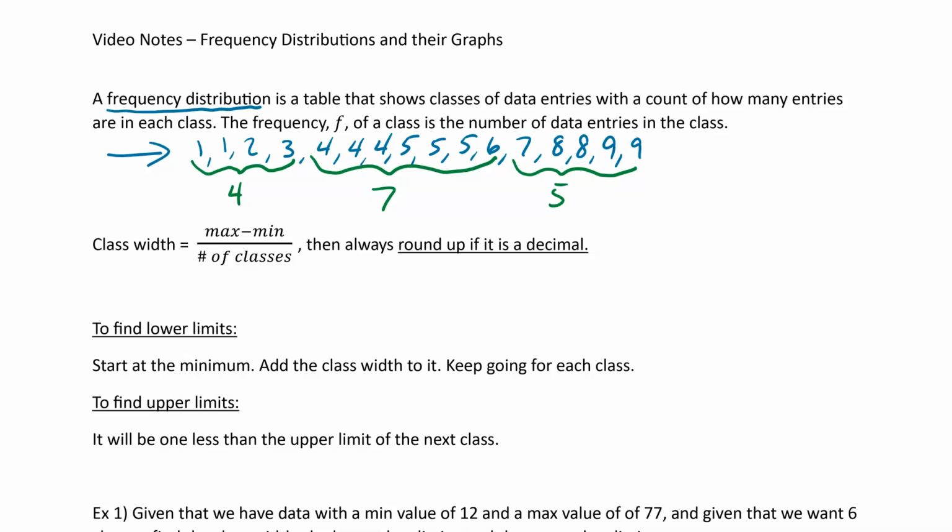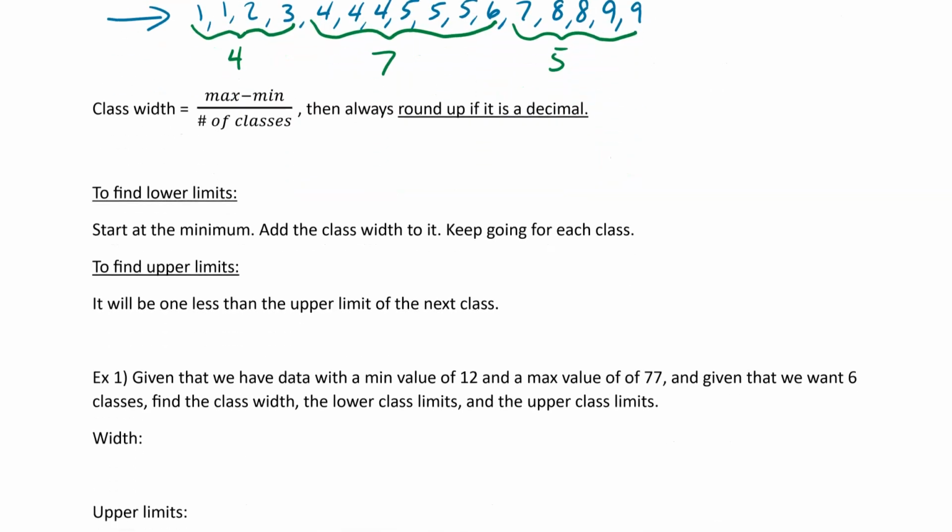In general, to be able to find the class width, you just take the highest number, the max, subtract the lowest number, so the min, and then divide by however many classes you want. Then you always round up if it's a decimal. And that's going to tell you the width of the classes whenever you're making your table. Right? So we'll come back to that and try that in a second.